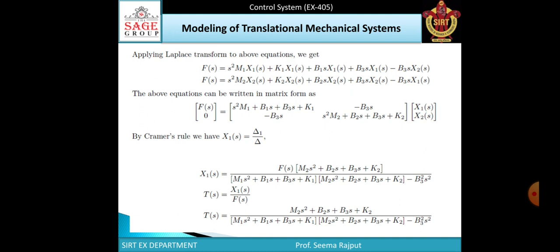So that term is written as T(s) equal to X1(s) by F(s) equal to (m2 s² plus b2 s plus b3 s plus k2) upon (m1 s² plus b1 s plus b3 s plus k1)(m2 s² plus b2 s plus b3 s plus k2) minus b3² s². That is the transfer function of X1(s) by F(s).